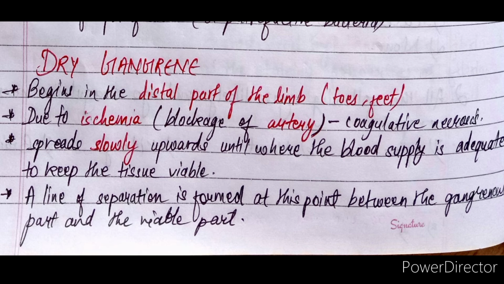Another feature of dry gangrene is a line of demarcation or separation. A line of separation is formed at this point between the gangrenous part and the viable part. That is, we can easily differentiate the viable part, that is the living part, and the gangrenous part in dry gangrene.